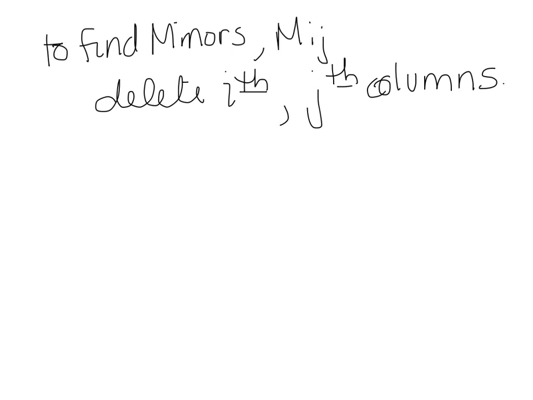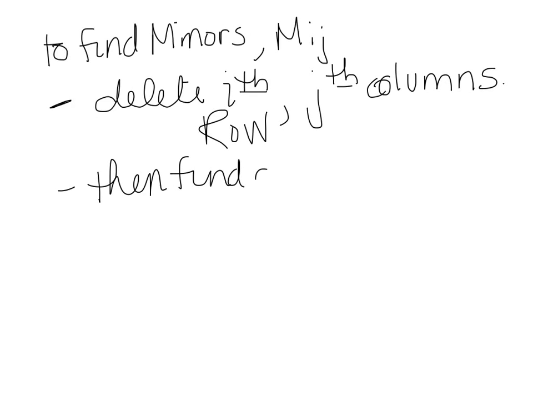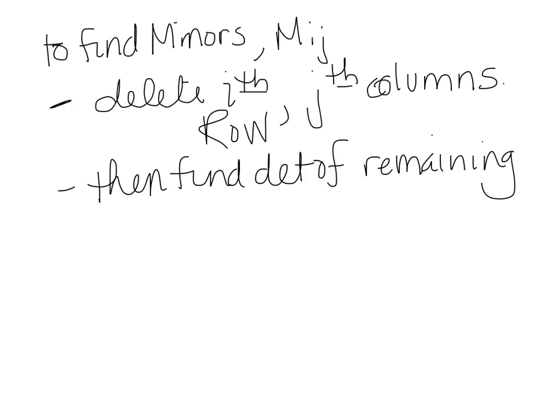Ith row, and then the jth column. Once you've deleted that row and that column, you find the determinant of the remaining matrix. So I think we obviously need to do an example here.